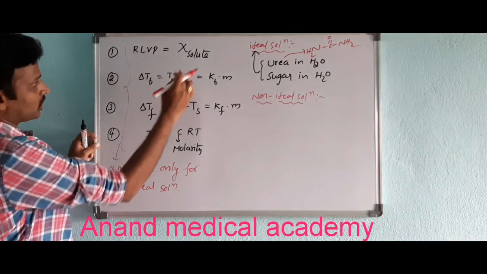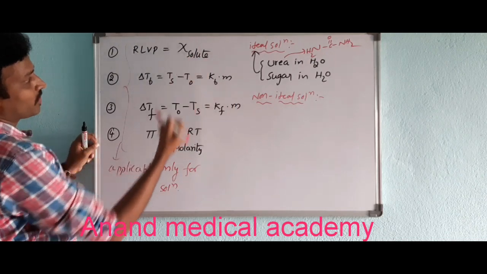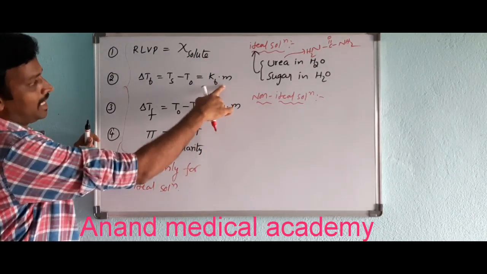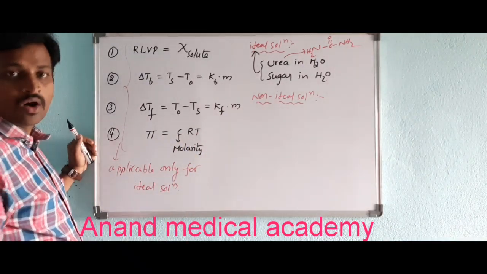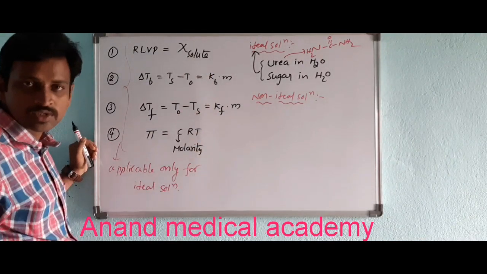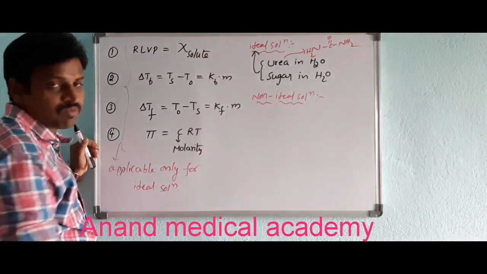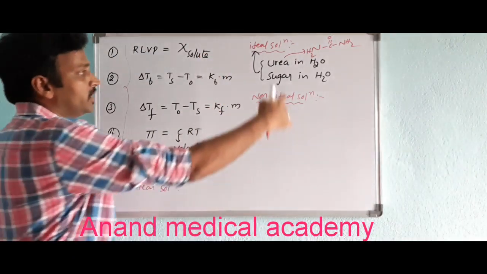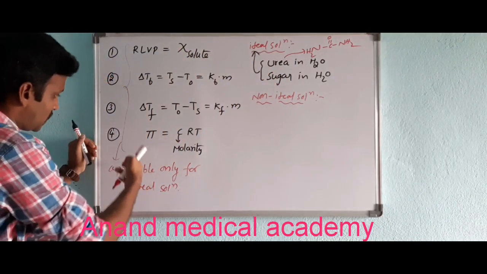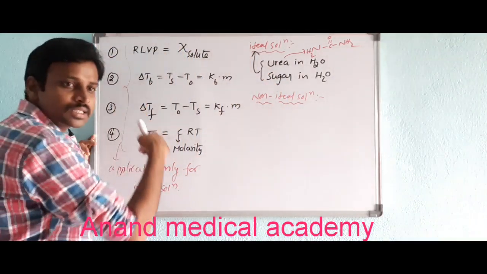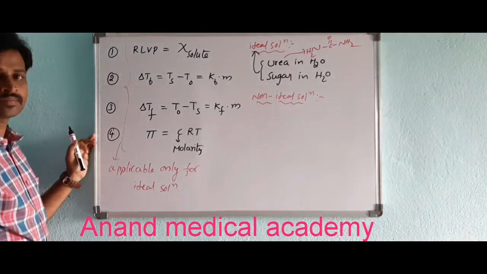Because you can observe on the right side the mole fraction of solute, molality, concentration, molarity, all depend on the number of moles, all depend on the number of particles. So here there is no change in the number of particles. So for ideal solutions, all four colligative properties are applicable.